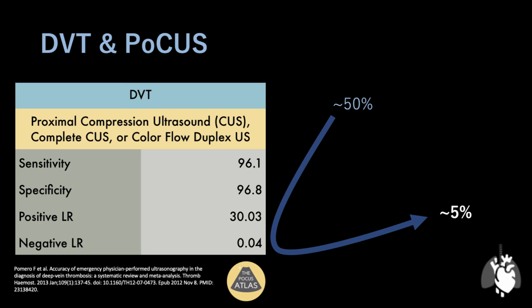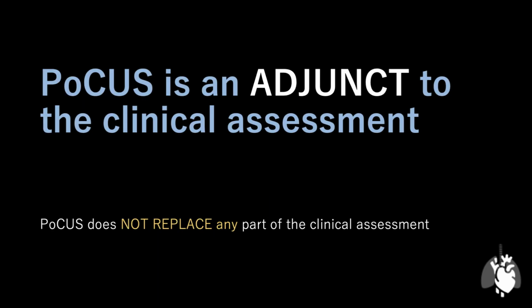For example, you suspect a DVT, but you cannot see one with POCUS. As you can see, you're back into Bayesian limbo and cannot rule out a clot definitively. Depending on the context, you may or may not give short-term anticoagulation until definitive imaging can be performed. I mention this to emphasize the importance of the clinical assessment. POCUS is a powerful tool, but not powerful enough to replace the other tools in your toolbox.